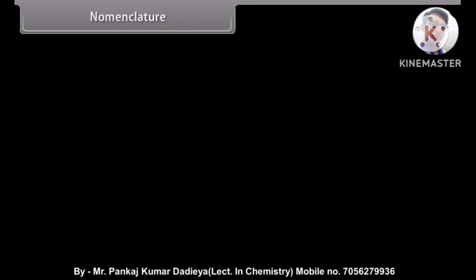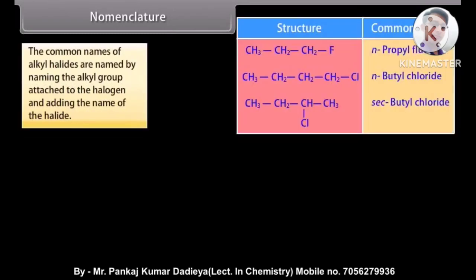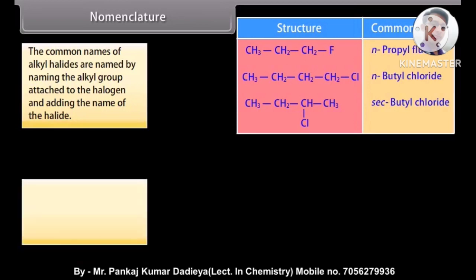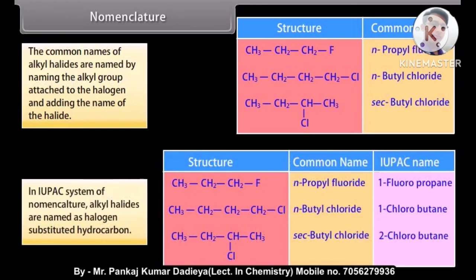Nomenclature. The common names of alkyl halides are given by naming the alkyl group attached to the halogen and adding the name of the halide. In the IUPAC system of nomenclature, alkyl halides are named as halogen-substituted hydrocarbons.